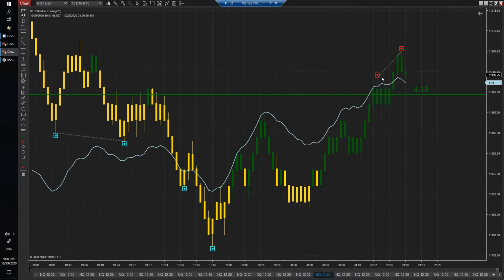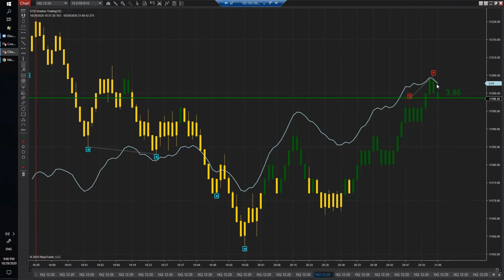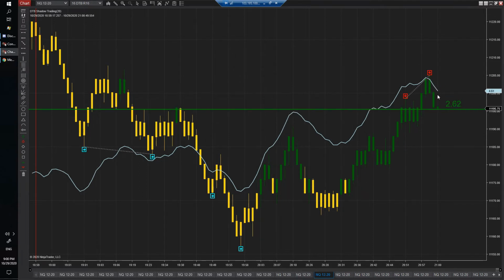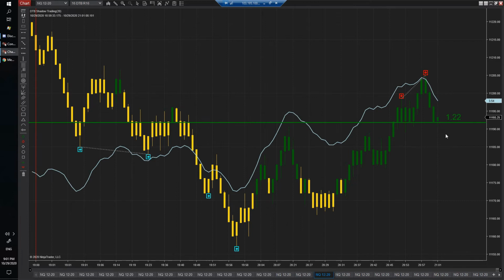So these are going to continue painting all day. And right now we have our momentum line slightly above price. We do have some divergences. It is showing us that there's a possibility that this price could be going down. However, we need to be mindful of where the momentum line is positioned. This green line that you see over here is basically our line to determine who is in control of price.